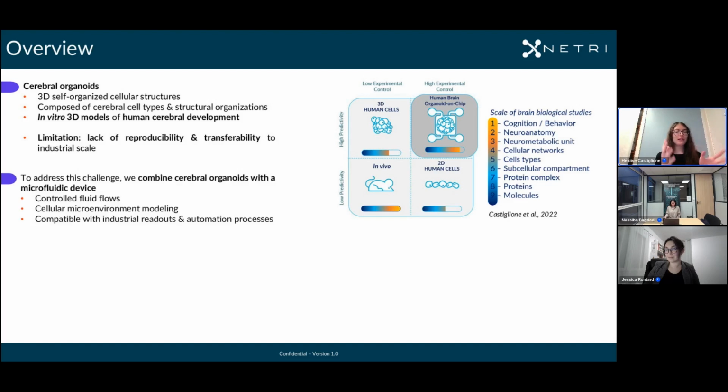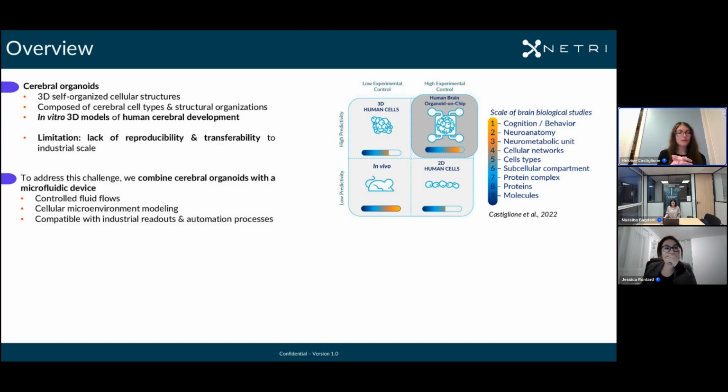So, facing these limitations, a critical issue is to find a solution to enhance the reproducibility of cerebral organoids. And in the literature, some publications have underlined the role that microfluidic devices could play. So microfluidic devices offer several advantages compared to conventional culture supports.